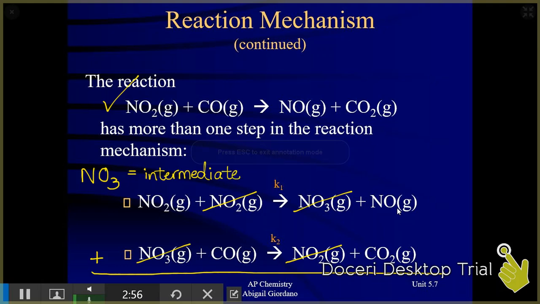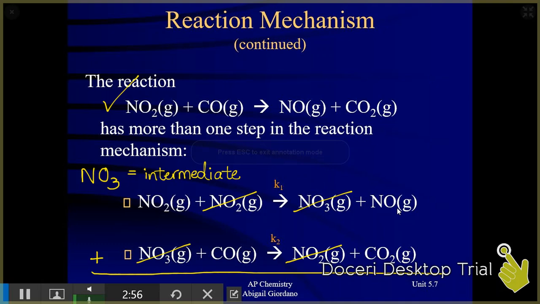Did I spell that right? Yeah, I think so. An intermediate is something that is a product first, which it was right there. It was a product in one elementary step, and then later on it was a reactant. So an intermediate is something that gets canceled out, that is a product first and a reactant later.